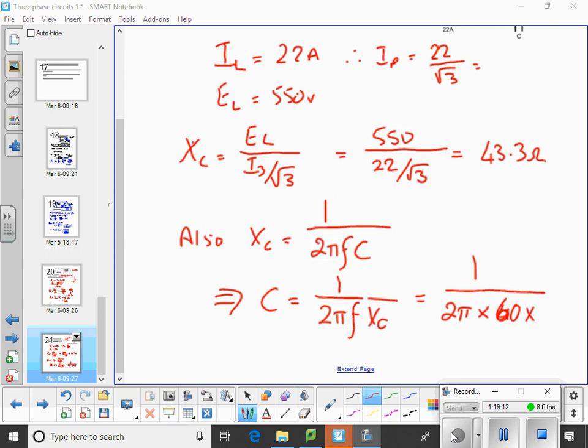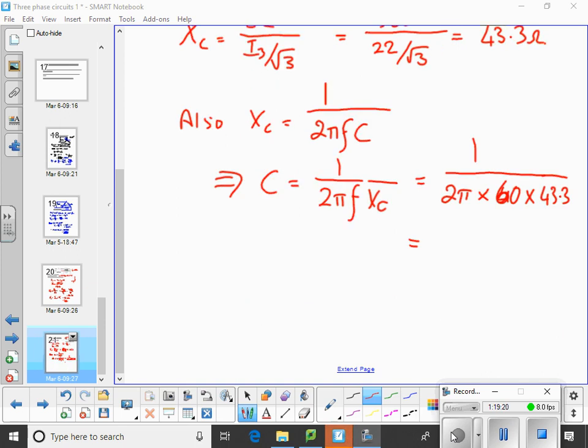The question, times 43.3 equals 61.3 microfarads.